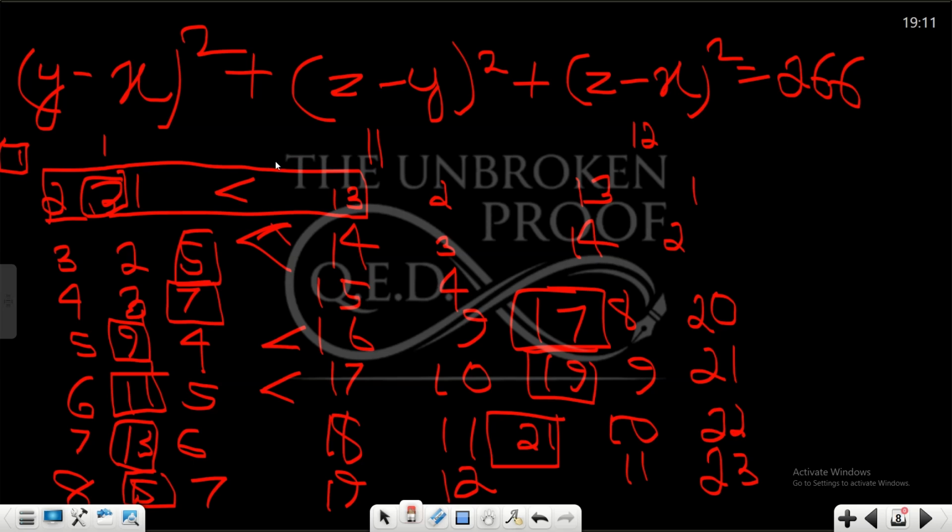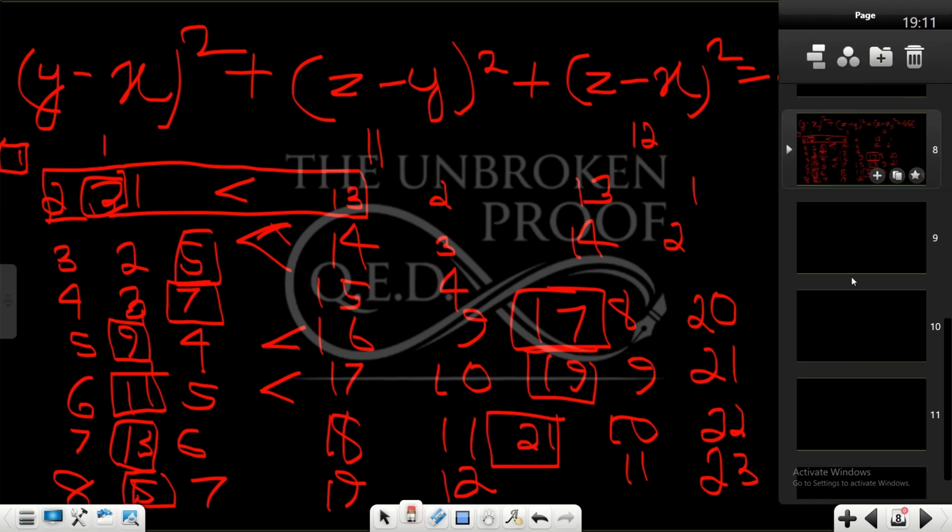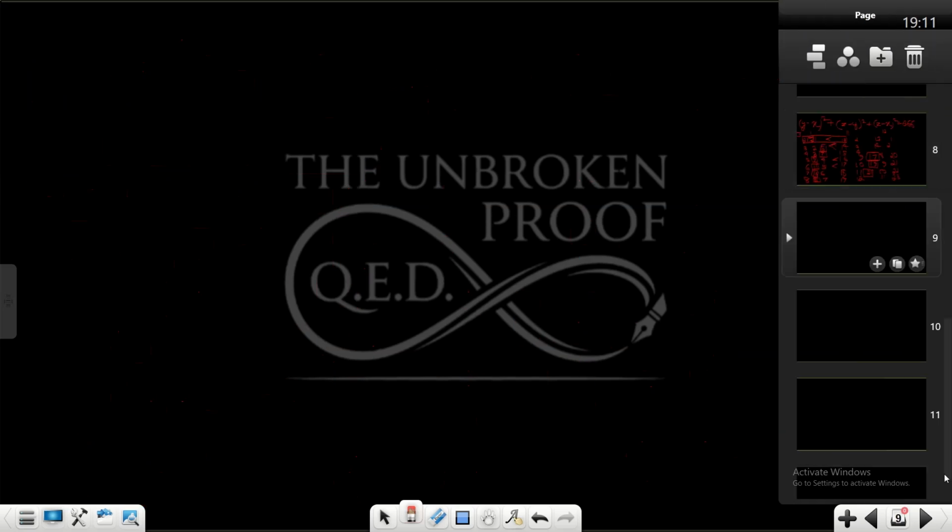Till here you cannot take these as triplets because they are not satisfying the triangle inequality. After this only you can take them.